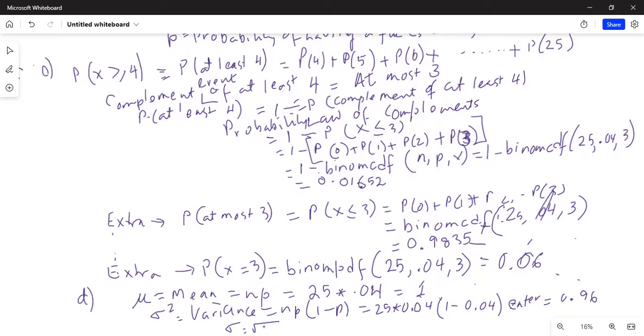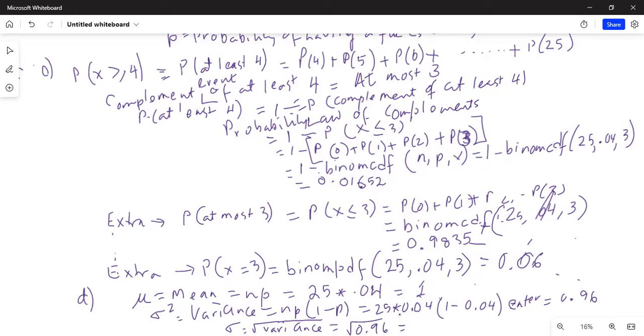So what is the standard deviation? It is the square root of variance. Variance is 0.96, so we take the square root of 0.96. You already have 0.96 on your calculator screen. You just hit the second button on the top left corner, then x squared, in the first column.